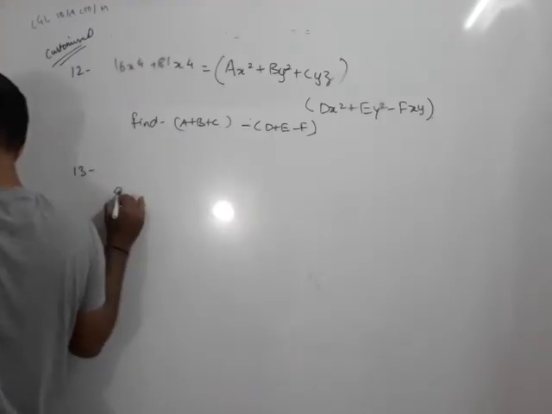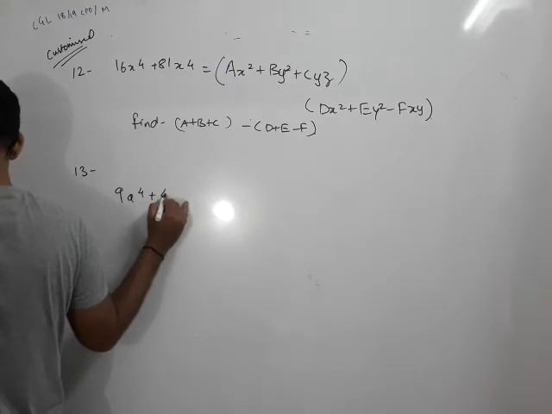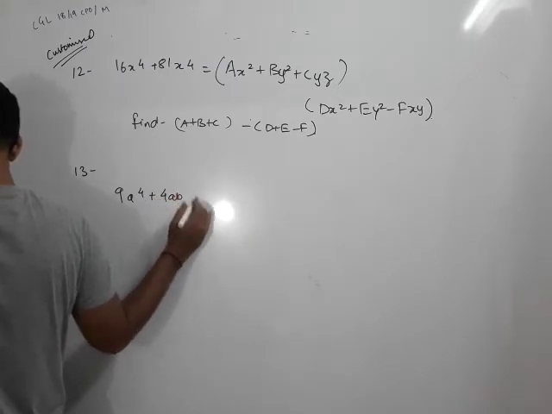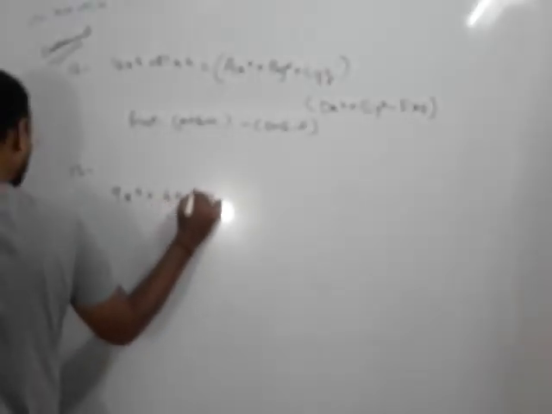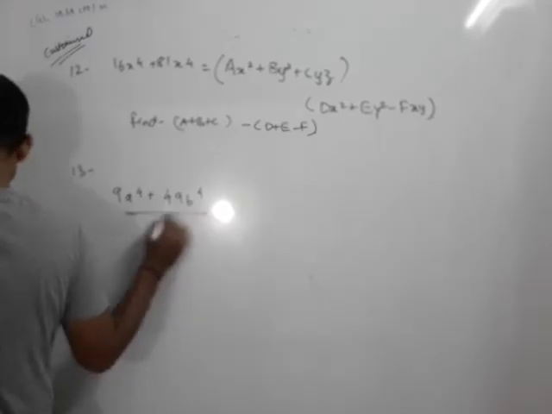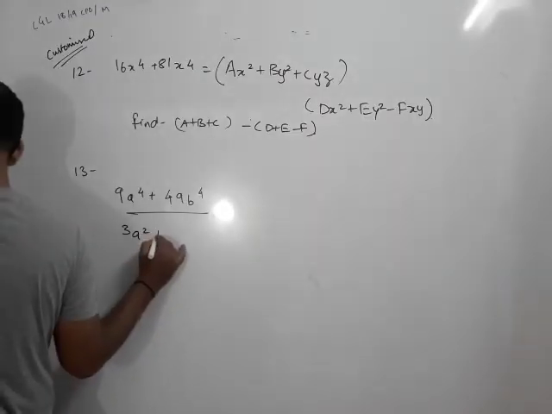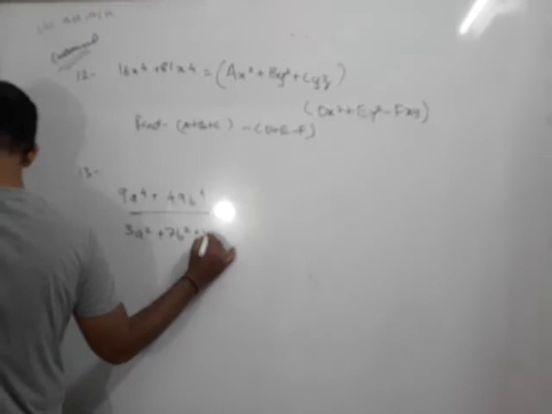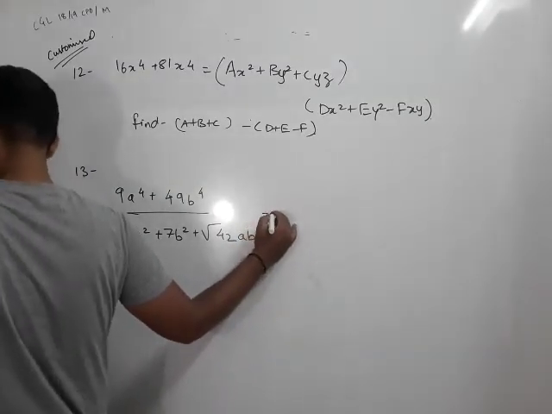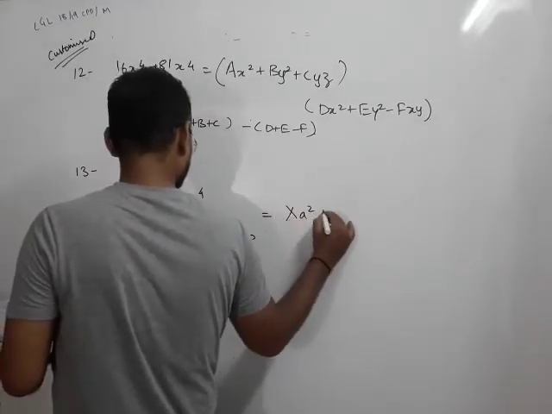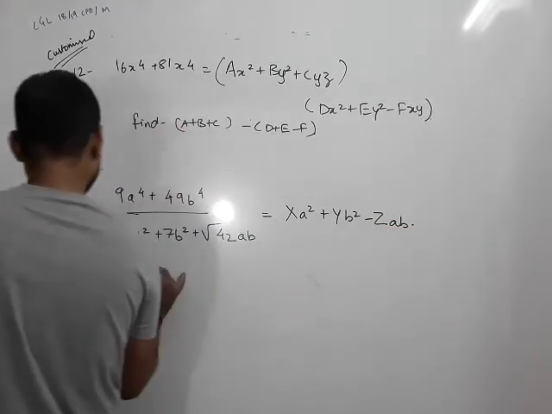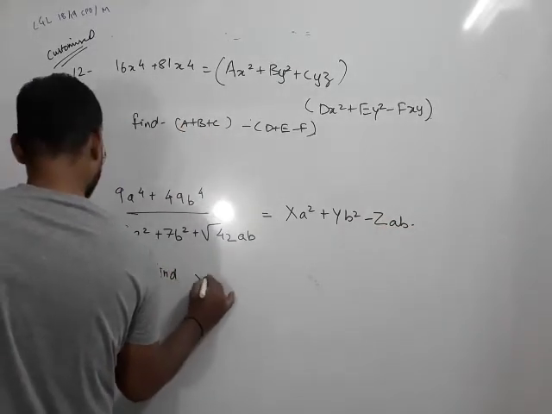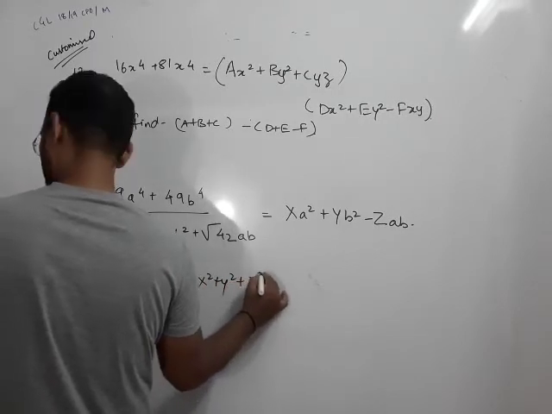Next: 9a raised to 4 plus 42a square b square plus 49b raised to 4 upon 3a square plus 7b square plus root 42 ab is equal to xa square plus yb square minus z ab. Find x square plus y square plus z square.